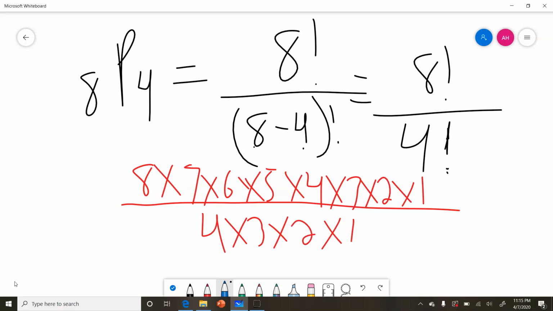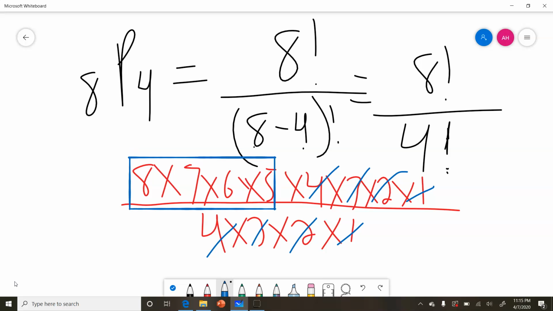Now I cancel out: 1, 1, 2, 2, 3, 3, 4, 4. Now look what I'm left with. It goes all the way down to the number 4, but I don't include the number 4. So it's 4 times.